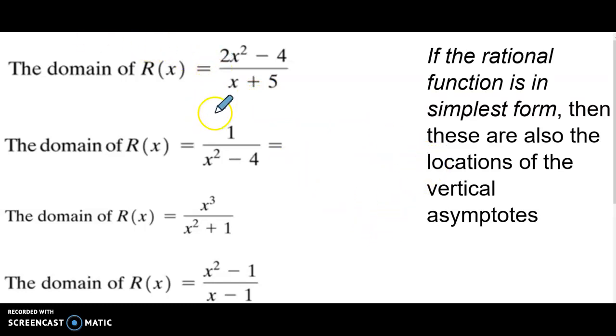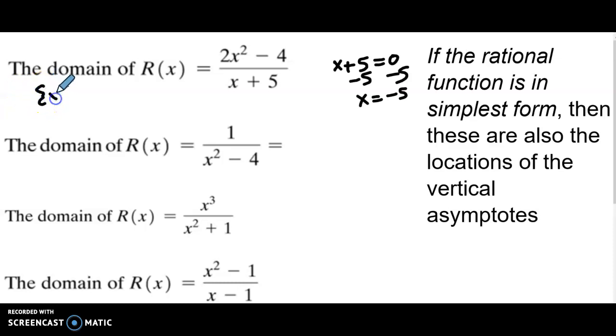So the domain of r of x, in this case, looks like x can't be -5, right? I take the denominator, I set it equal to 0. That gives me x equals -5. That means if I put -5 in here, I get 0 on the bottom. So the domain is all reals.